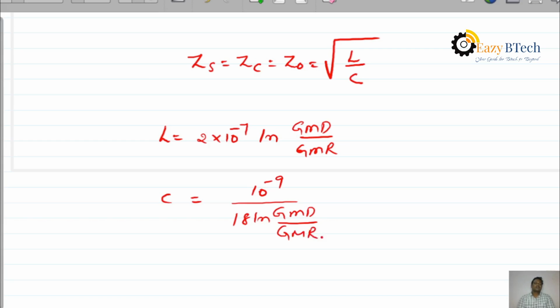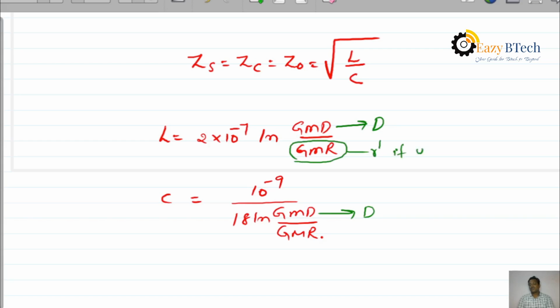If you are taking a symmetrical line, then in both cases GMD becomes D. And GMR for inductance calculation is actually R dash.